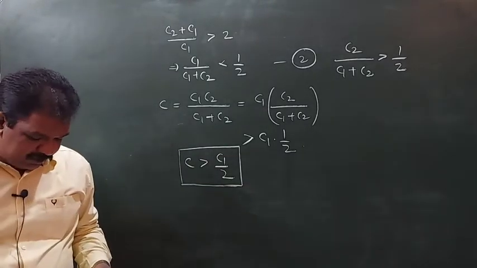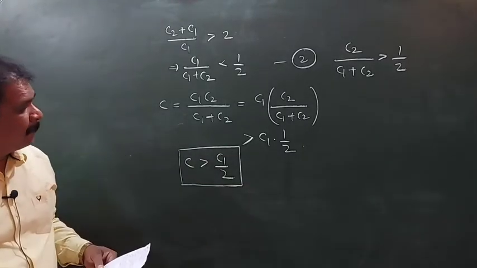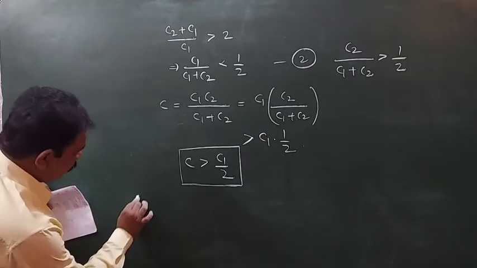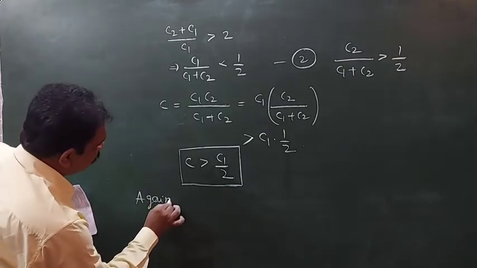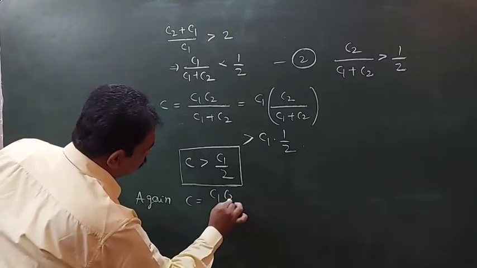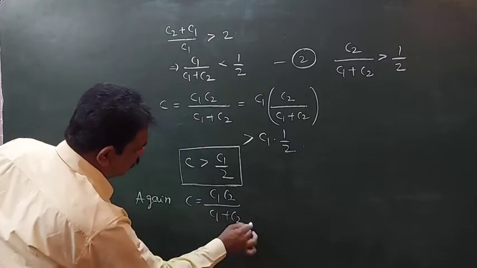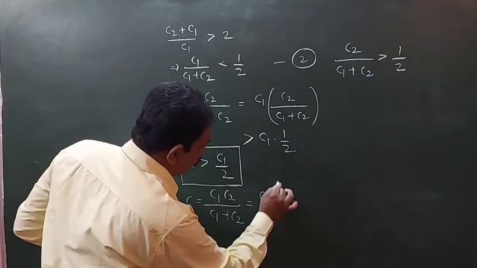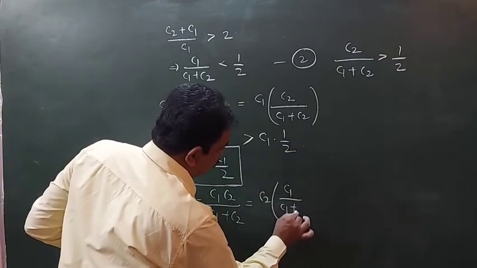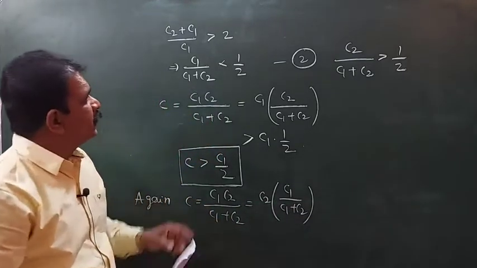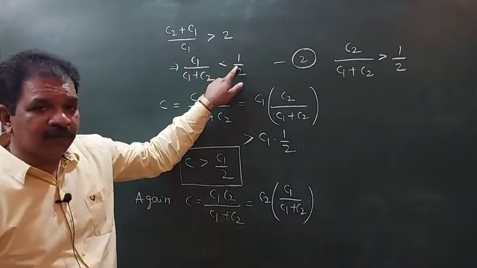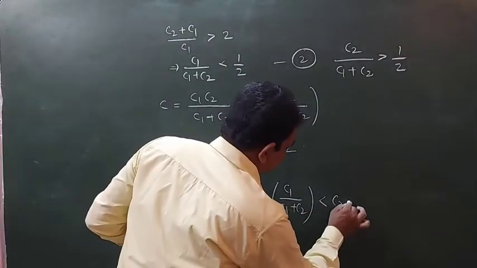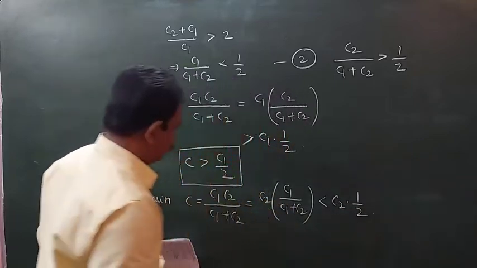And next, in the same manner, take again C is equal to C1 C2 by C1 plus C2. Write it as C2 into C1 by C1 plus C2. Since C1 by C1 plus C2 is less than 1 by 2, this is less than C2 into 1 by 2.